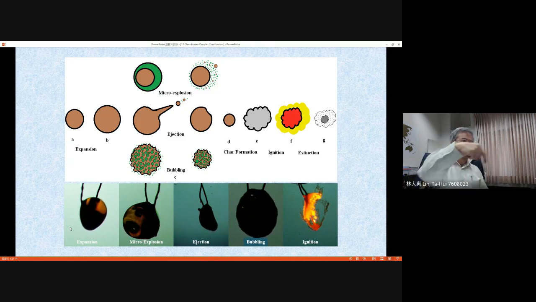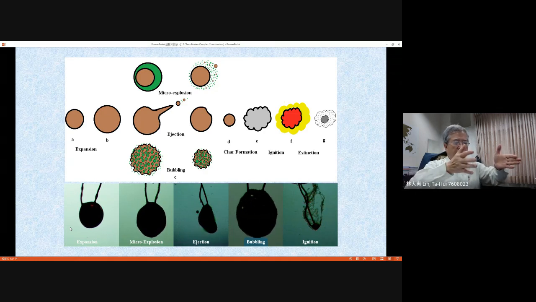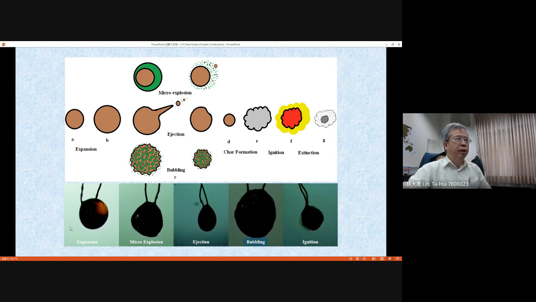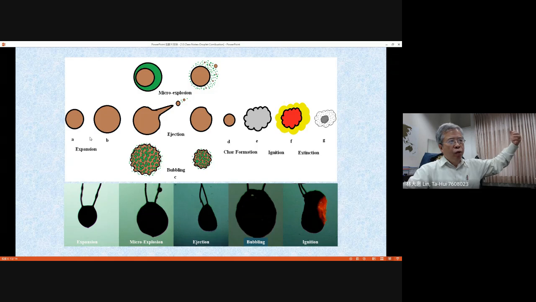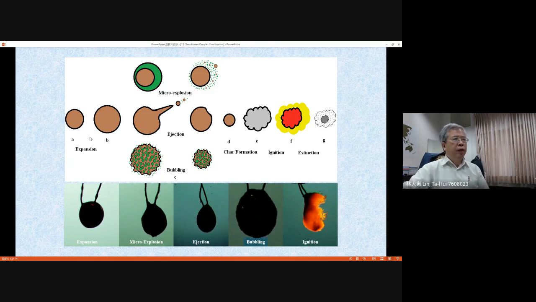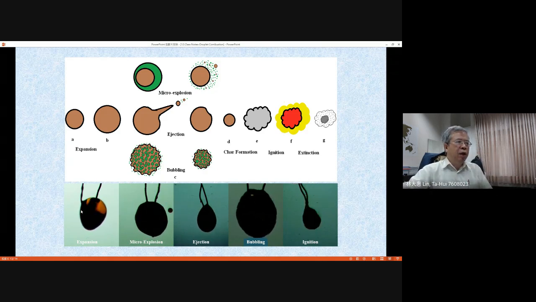You just move your sample droplet into the region between the two hot plates. Initially they just receive heat, because the outside energy transfers into your droplet for the heating. In the first step from A to B, you can see the expansion of your droplet, as you can see in the first pictures.